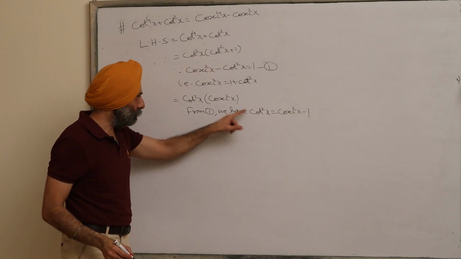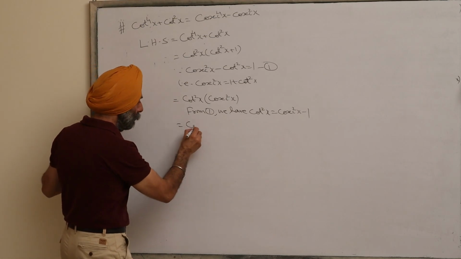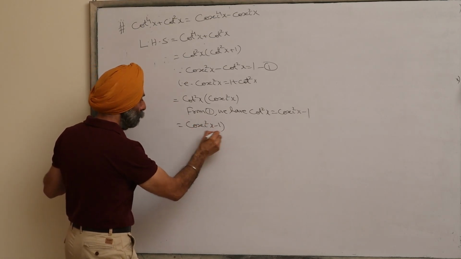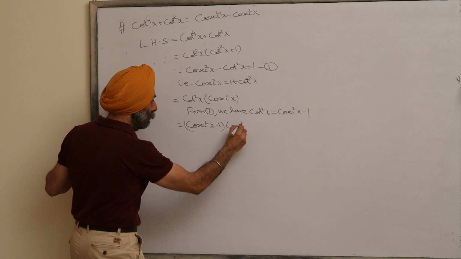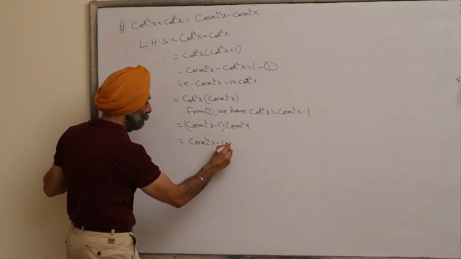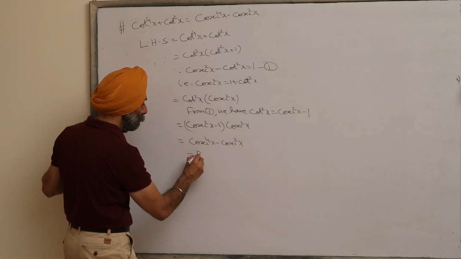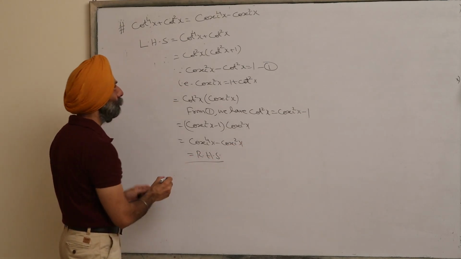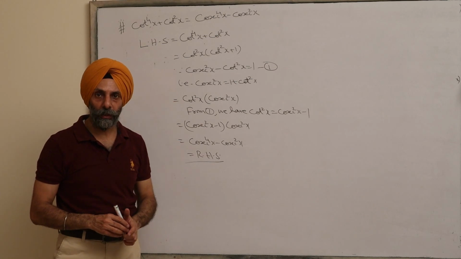So use this result in the above step. It comes out to be cosecant square x minus 1 into cosecant square x. So what is that? It is cosecant 4x minus cosecant square x, which is your right hand side here. So this way you prove the result here.